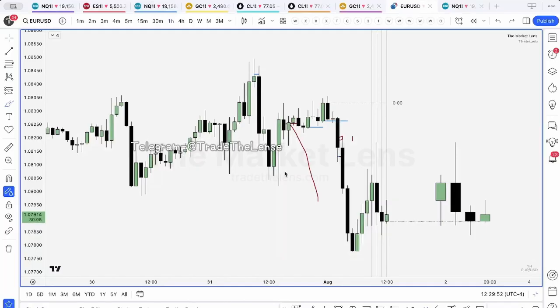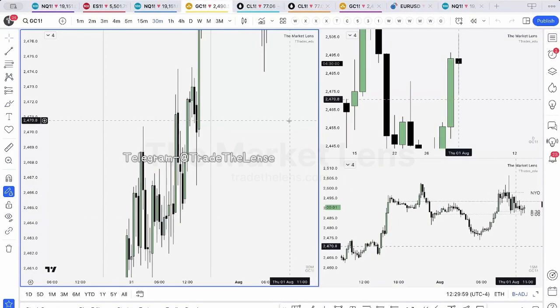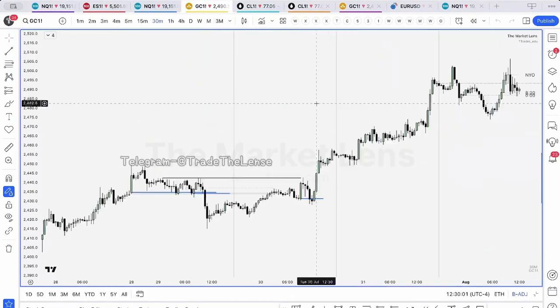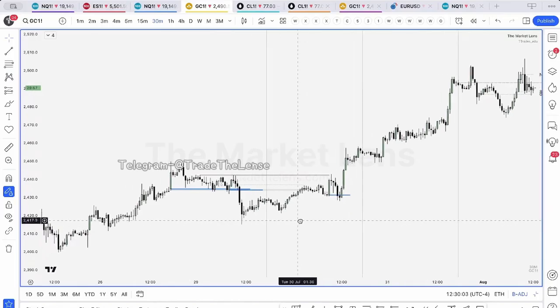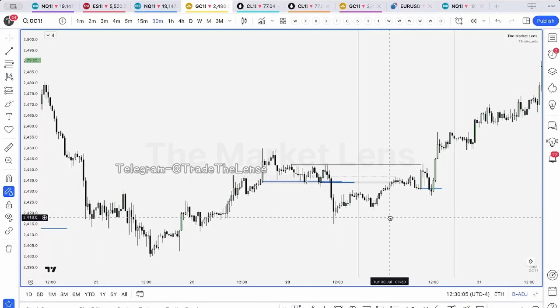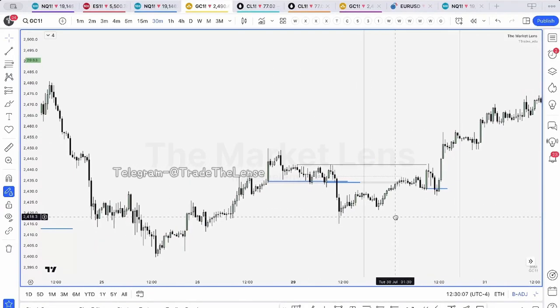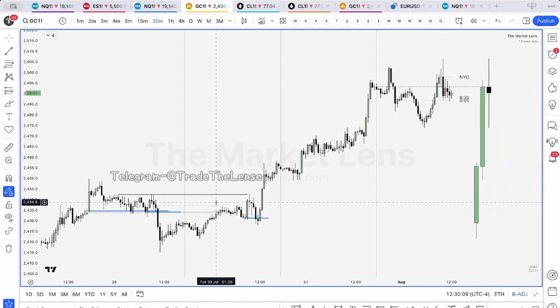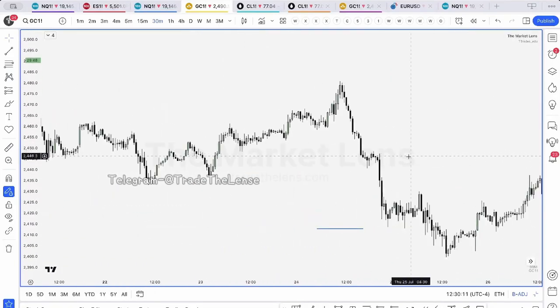How do you find a higher time frame bias to trade without daily bias? So one way to do that is just looking at trend. So if we just go to gold, we'll go to the examples from last week. Yeah, here.